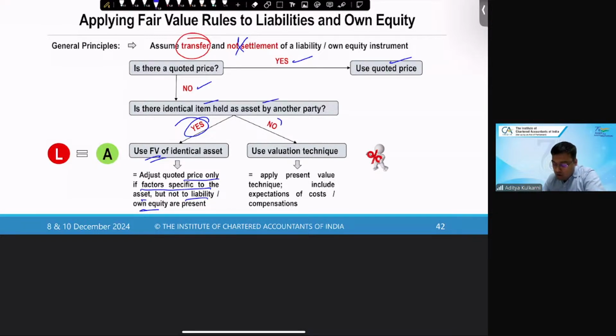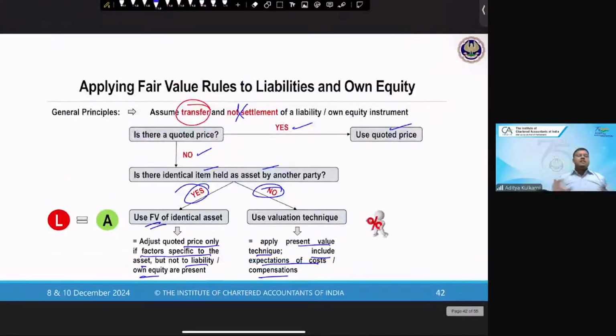If it is not held by another party as an asset, then apply present value technique, including expectation of cost and compensation. Are we okay with this? Yes. Basically, whatever we discussed in the last slide is summarized here. Any doubts here? Clear, sir.